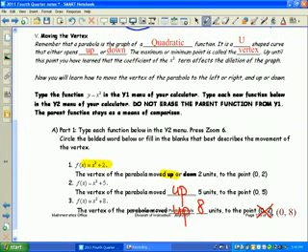Okay? So what can we say is the pattern so far? So far, it seems like when I have a plus sign here, I'm moving up. And this number is telling me how many units.